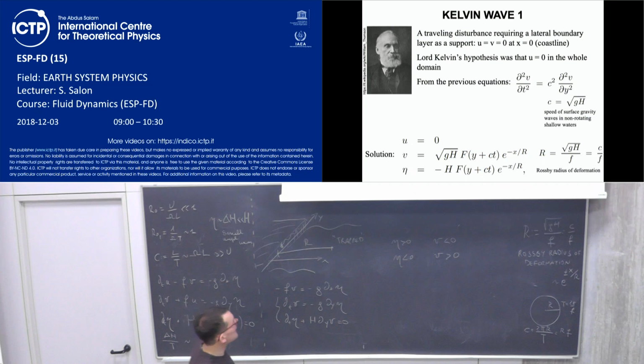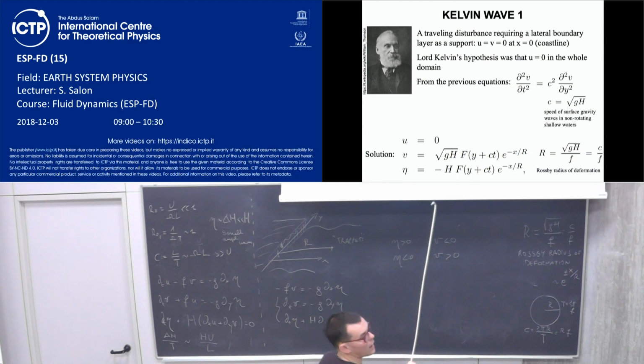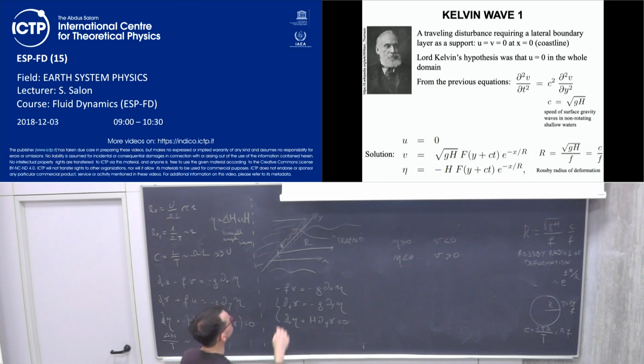Okay? But this doesn't mean that the velocity must be strictly negative or positive, because the velocity can be positive and negative, because this F here can be positive or negative. These two, of course, must be positive. And eta will always be the opposite with respect to our v. So if we have eta positive, it means something that will go like this, okay?